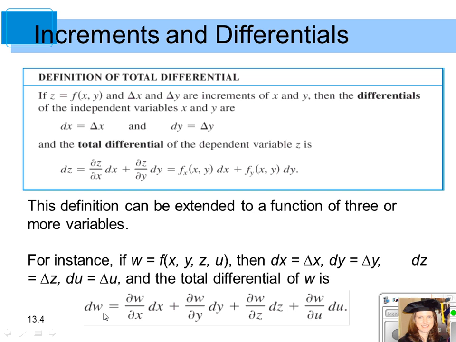So dw, the total differential, is the partial of w with respect to x times dx, plus the partial derivative of w with respect to y times dy, plus the partial derivative of w with respect to z times dz, plus the partial derivative of w with respect to u times du.